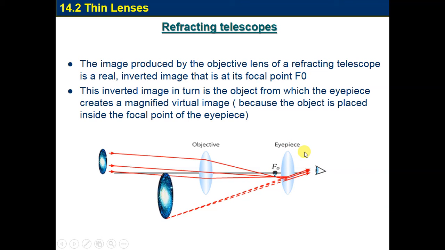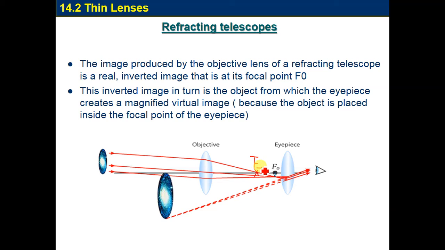Through the eyepiece lens. The image produced by the objective lens will be the object for the eyepiece lens. I will say that FE is here. What does FE mean?